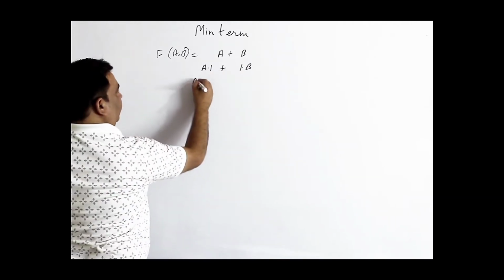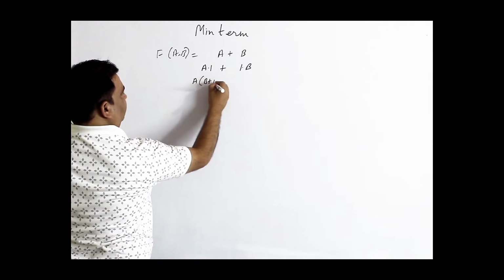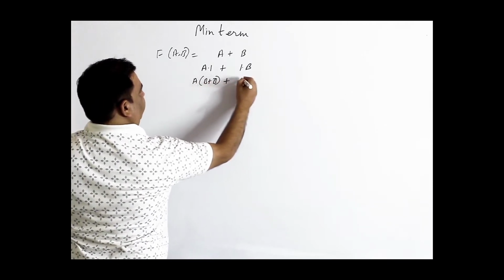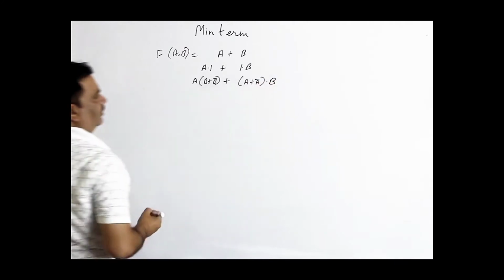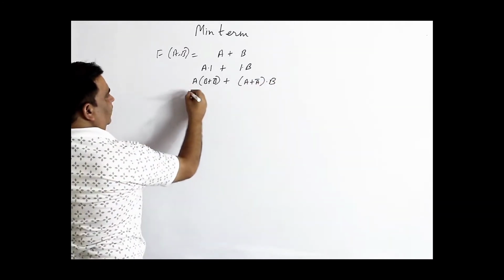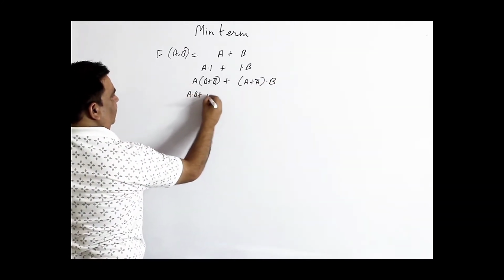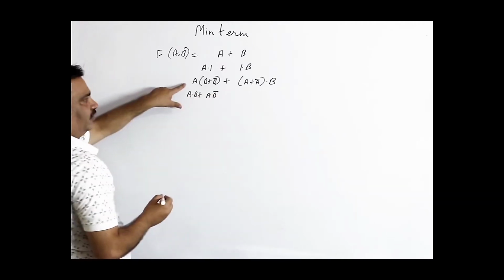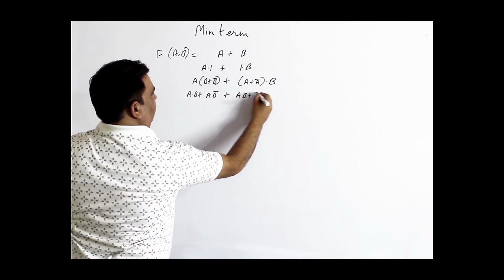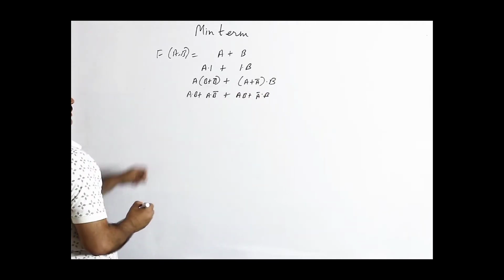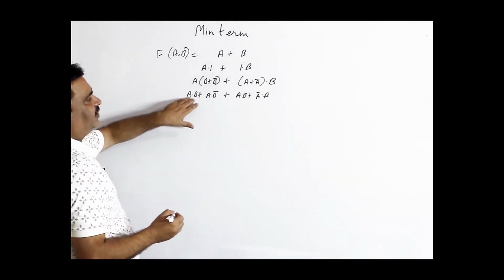So, 1 can be replaced by b plus b complement and this 1 can be replaced by a plus a complement. Now, the product inside, according to the distributive law, gives a dot b plus a dot b complement plus a dot b plus a complement dot b. Now, remove the common terms, a dot b.